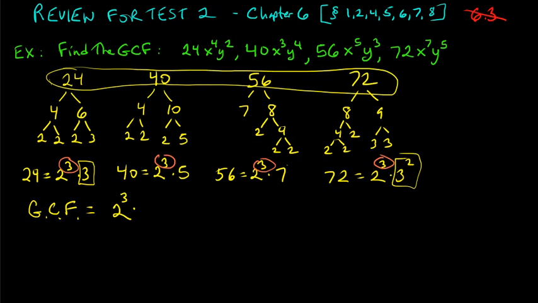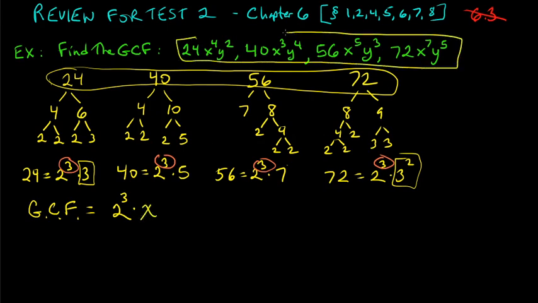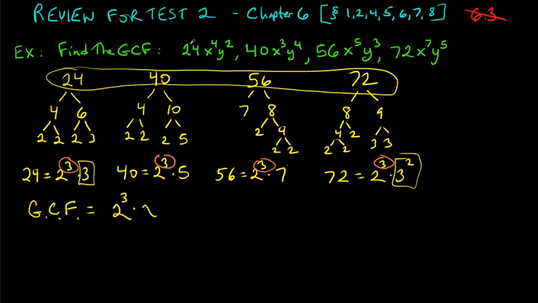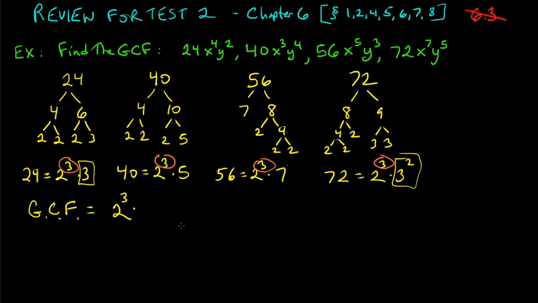Okay, now all of these also have a factor of x in it. So now we go back to the original ones. Look at all the x's and all their exponents. We have a 4, a 3, a 5, and a 7. Out of those 4 numbers, which one's the smallest? That would be the 3, so x to the 3.